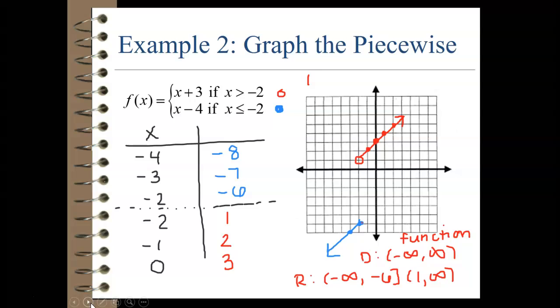Now you could use the y terms as well. So it would be y less than or equal to -6, and then you would have to say, and y greater than 1. So again, either notation is fine. Just two different ways of saying the same thing.